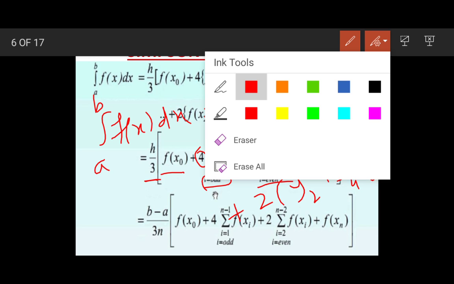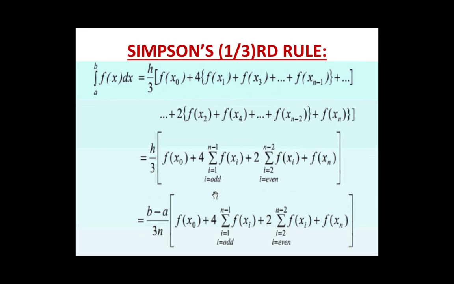So this is the formula for Simpson's one-third rule.